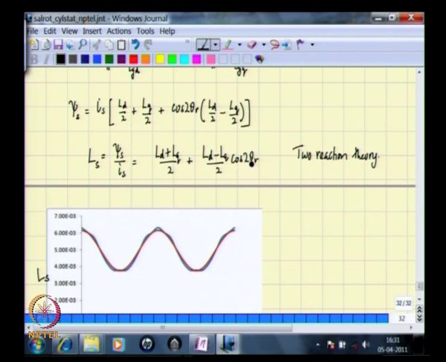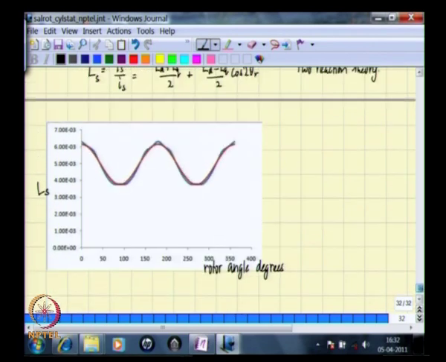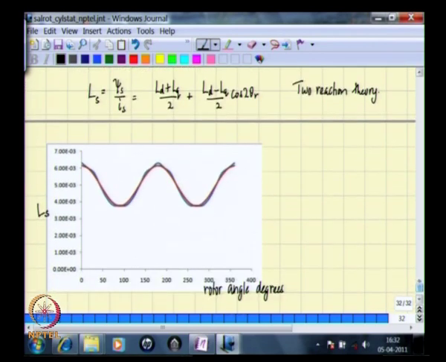That means as theta r goes from 0 to 180 degrees, cos 2 theta will go through one cycle, and 180 to 360 it goes through another cycle. So, this term gives us 2 cycles over 0 to 360 degrees, and it has an average value which is LD plus LQ by 2.